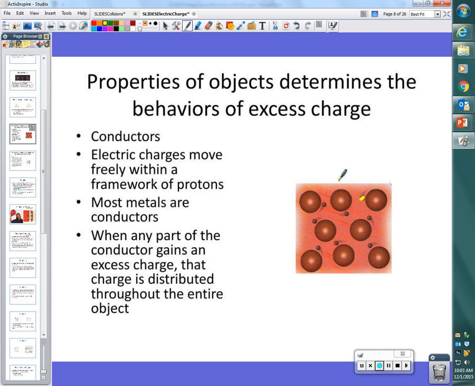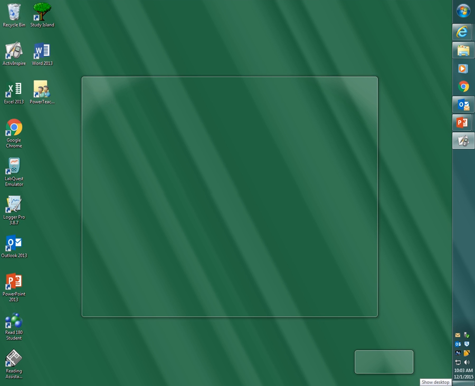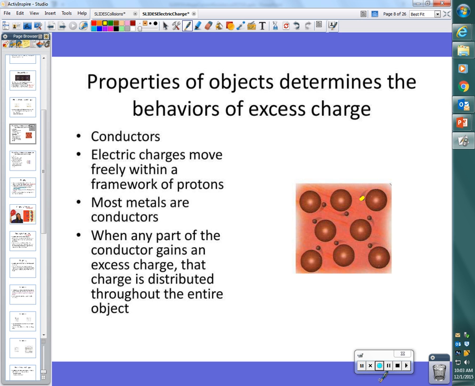If this dot represents a valence electron, we'd say, okay, this valence electron belongs to this atom. But really, that's not exactly the case. This atom doesn't want this valence electron, so if it can lose it somewhere, it will. All of these valence electrons don't necessarily belong to any one atom.